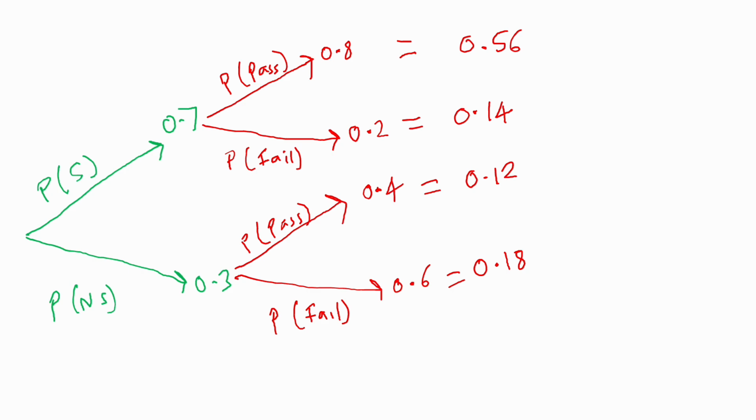Now, you are telling me that you have passed the exam. So I try to find out those joint probabilities which indicate that you have passed. Which are those two scenarios where you have passed?